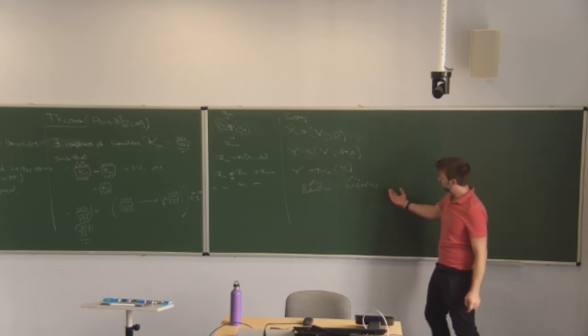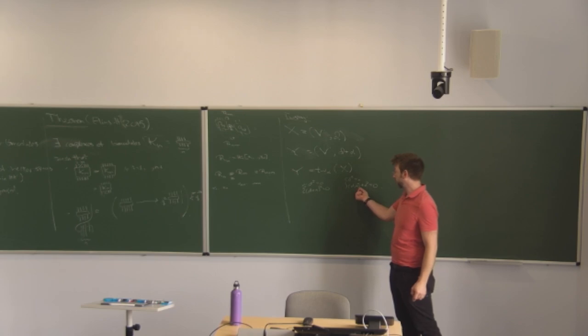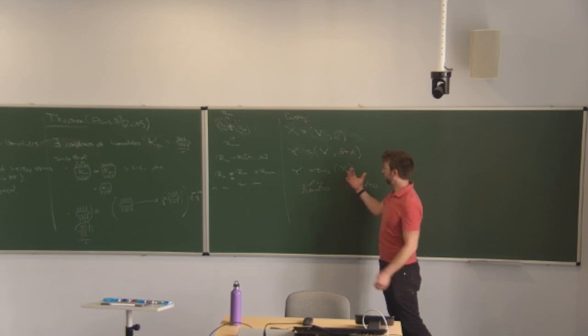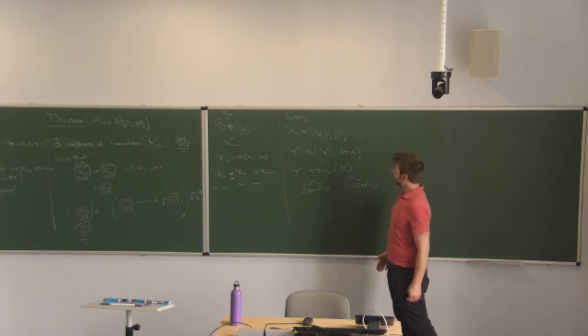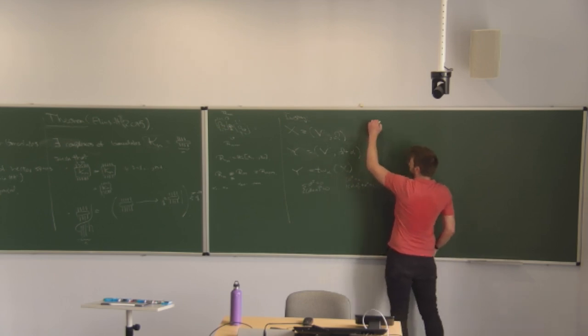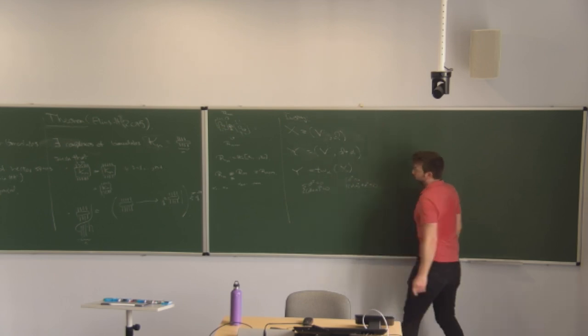So any element alpha satisfying this Maurer-Cartan equation can be added to the differential of X. And so the kinds of twists of X are parameterized by Maurer-Cartan elements. Anyway, so that's notation.